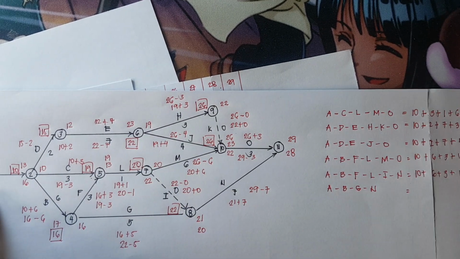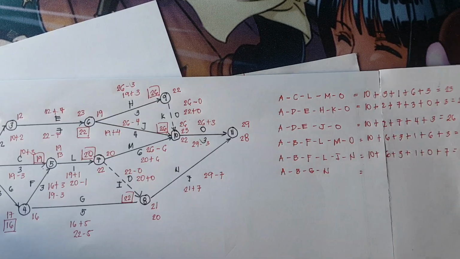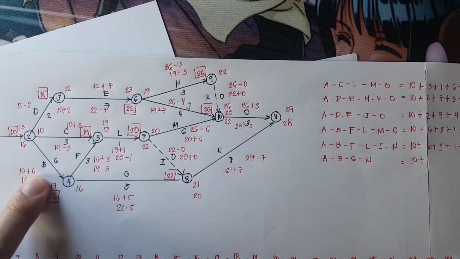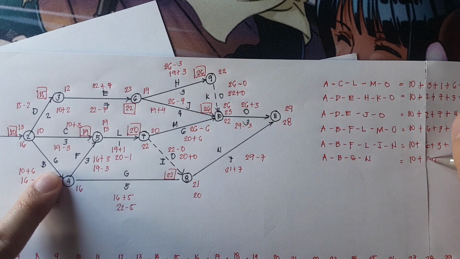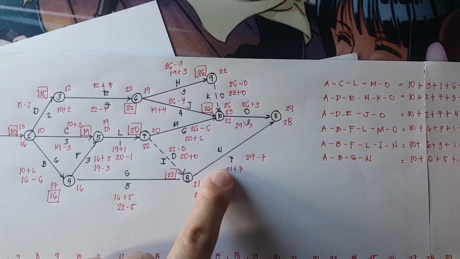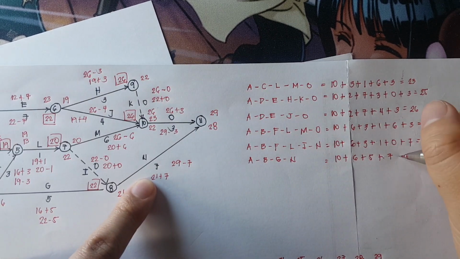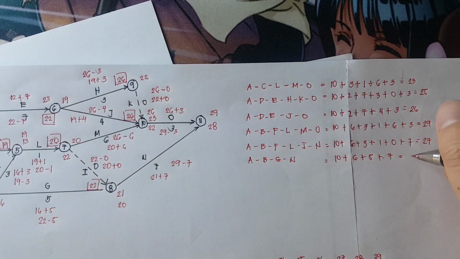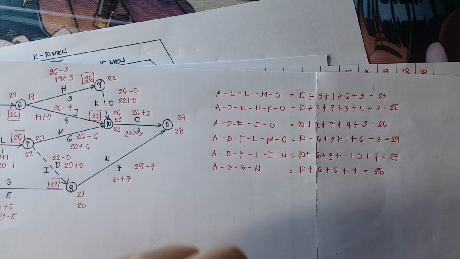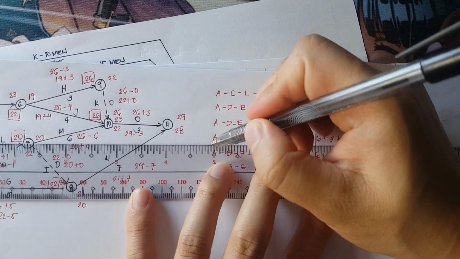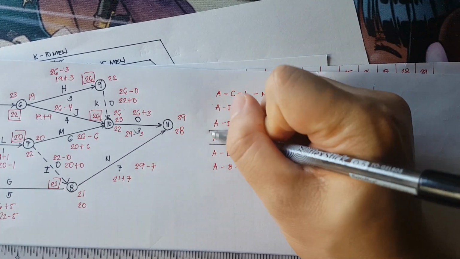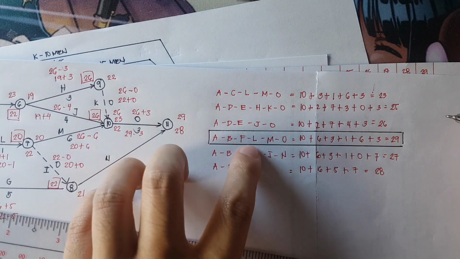Going back to A, we have 10 plus B, which is 6, plus 5 plus 7. And that is equivalent to 28 days. Therefore, our critical path is ABFLMO.